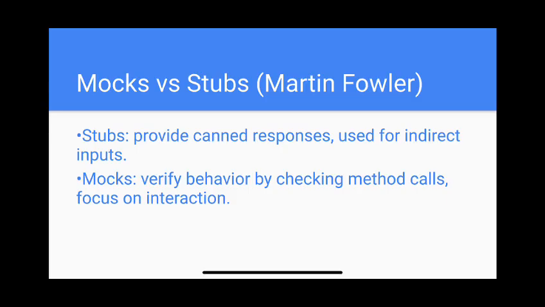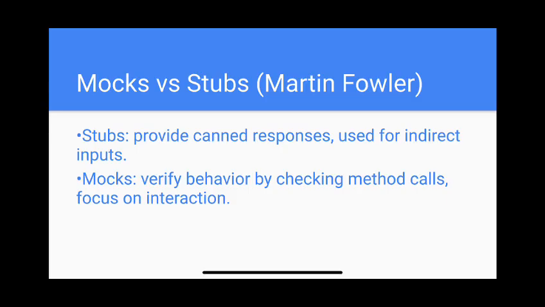Stubs support state verification when we examine the output or final state of the system after execution. They don't fail the test, they simply supply predefined return values or simulate specific conditions.